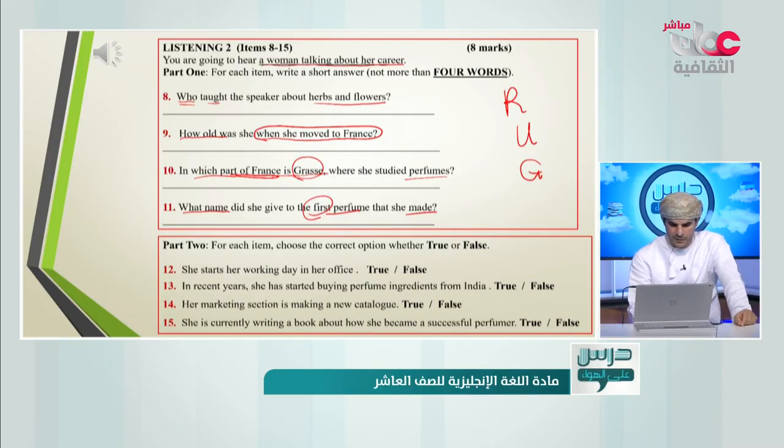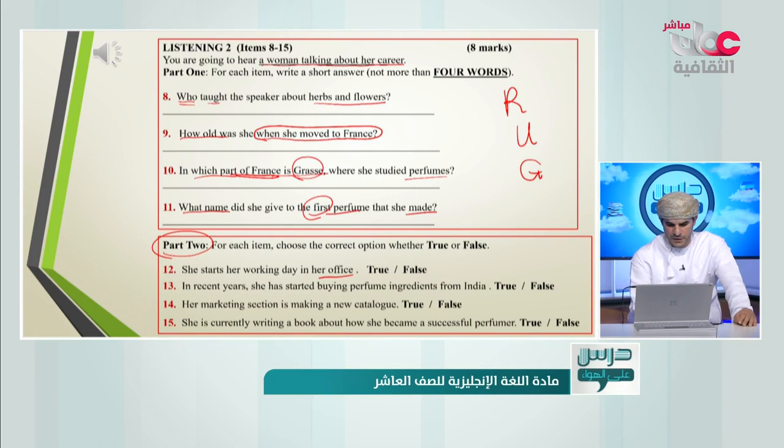Okay. Part 2, here you have to just say whether the statement is true or false. She starts her working day in her office. So she goes straight to the office. Is that correct or not? True or false?